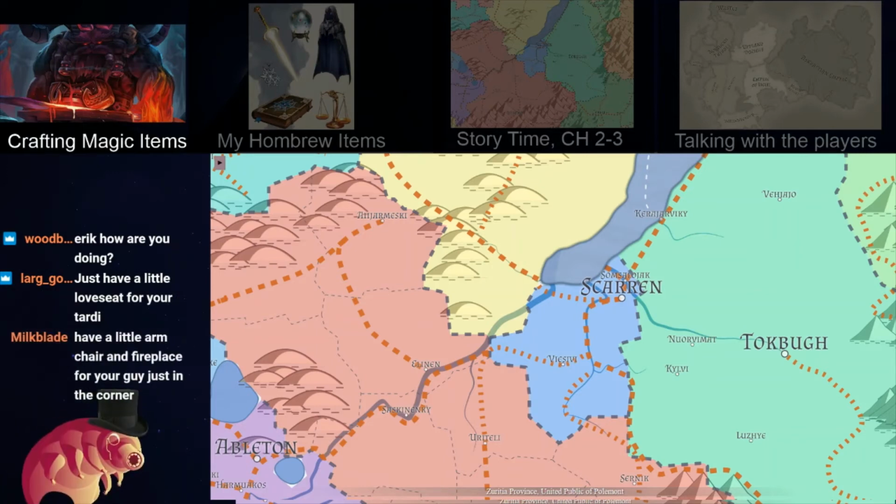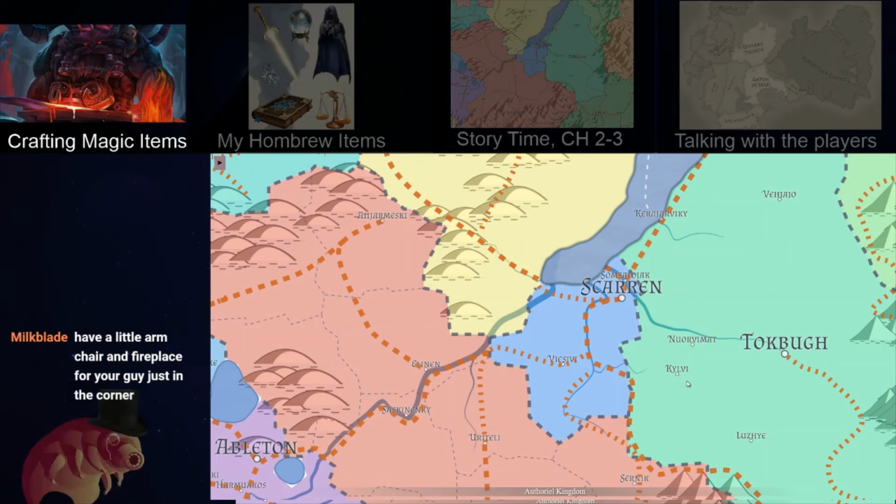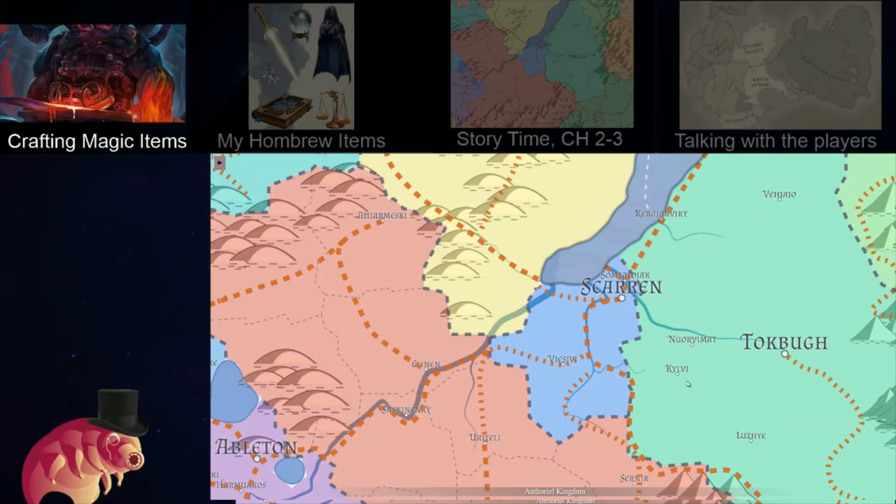All right. I'll look into setting something up. Have a little armchair and a fireplace for your guy just in the corner. Okay. I'll see what I can do about finding that. I don't know if I'll be able to find something decent that isn't really owned by someone. But if everybody's really wanting the tardigrade to have a nice little fireplace, I'll see about getting that set up before next weekend. But with that, it looks like we're excited to go into the campaign.